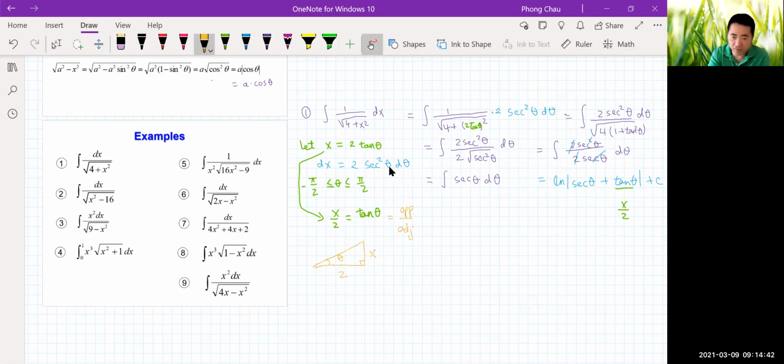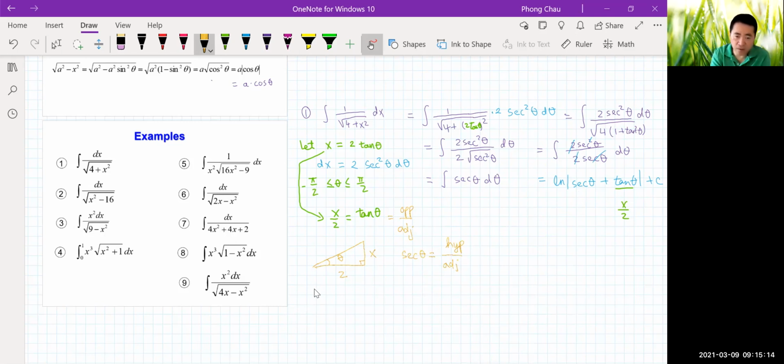So what's secant theta? Well, secant of theta is the reciprocal of cosine. Cosine is adjacent over hypotenuse. So the secant is hypotenuse over adjacent side. What's the hypotenuse? Hypotenuse is this length. So this is x, this is 2. Can you figure out the length of the hypotenuse?